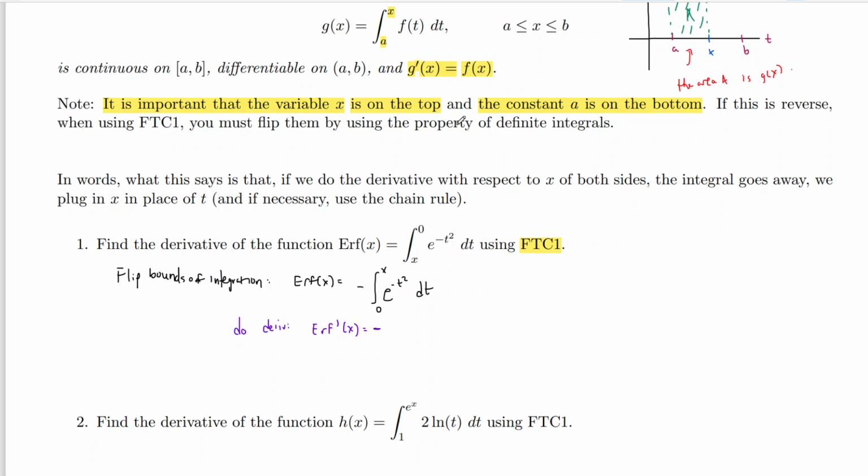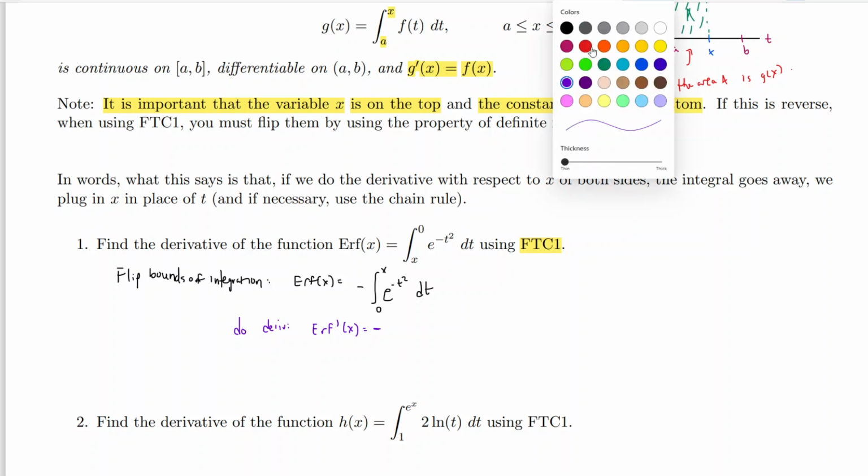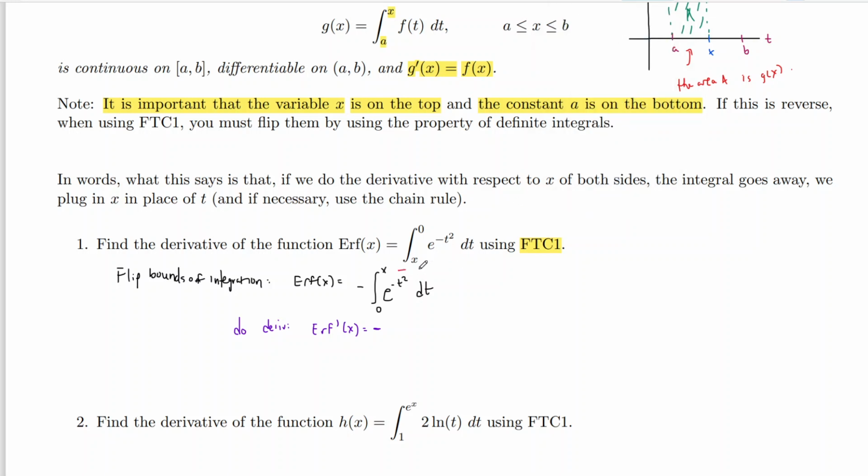But this is the exact setup we have in our fundamental theorem. It says that if your bounds are from a number to just x, then all you have to do is plug in x to the inside. So let's write that down before we do it. So it's just x on top and just a number on the bottom.